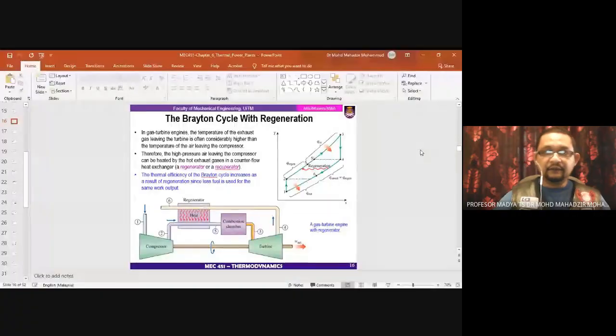Okay, the Brayton cycle with regeneration. If you all see, this is the schematic diagram of the power turbine engines.